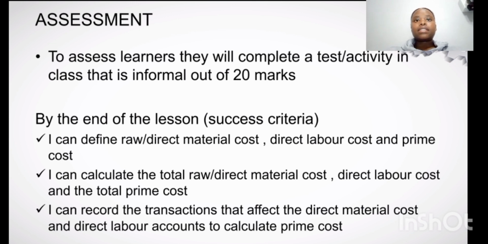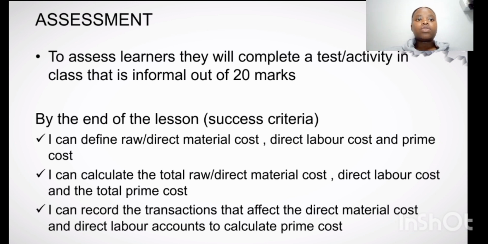So now we have come to the end of our lesson. To assess the learners, there is an informal assessment that I have designed for them to finish. It is out of 20 marks and they will complete it in order to assess them. They can also mark the success criteria to see if they have achieved the learning intentions or learning outcomes.